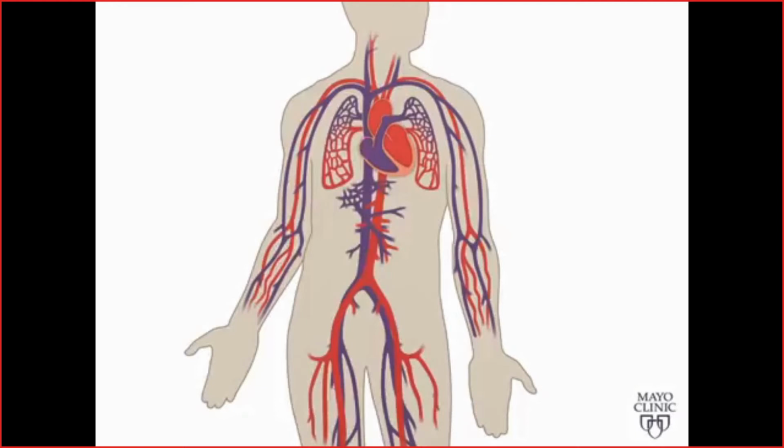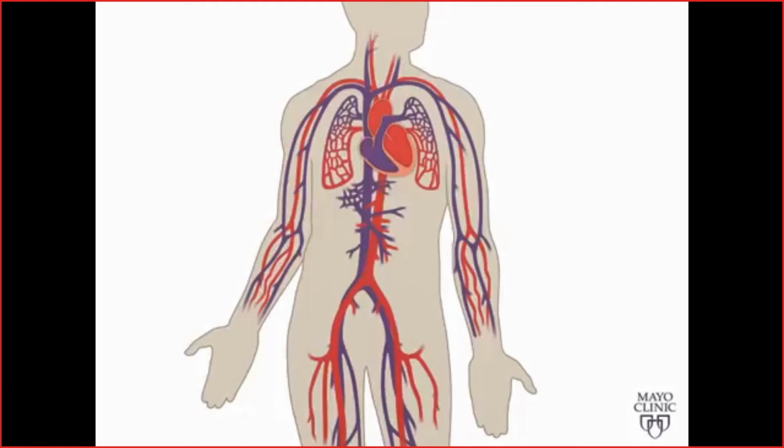What is the name of the blue ones? The blue ones, which carry blood poor in oxygen and rich in carbon dioxide, are called veins. So now we have two types of vessels, arteries and veins. Arteries, labeled here with red color, carry blood rich in oxygen.